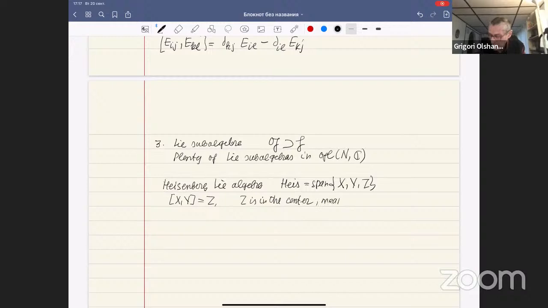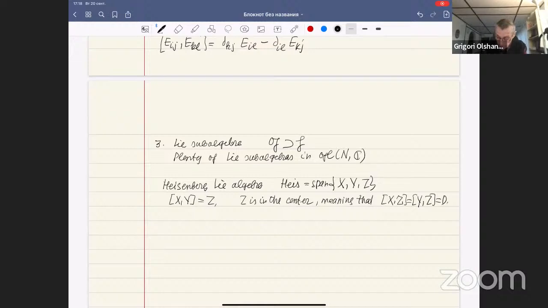Meaning that the commutators, the bracket, sorry, is equal to 0. And we can embed this Lie algebra.